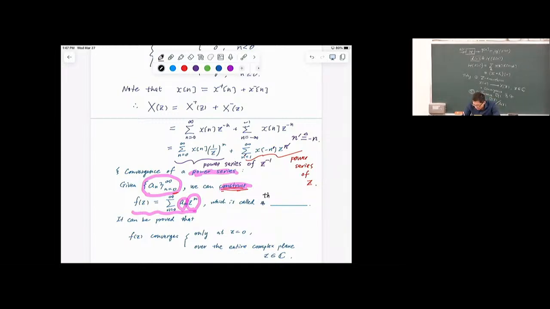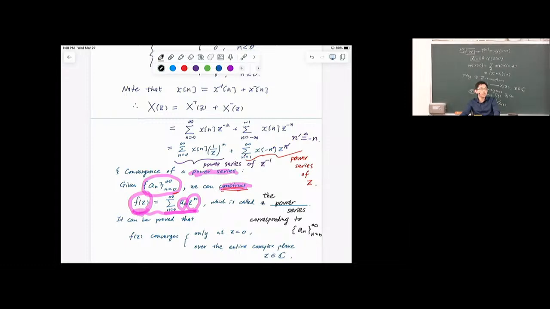I should say, this function f of z, when we write it down in this way, is called the power series corresponding to the sequence a of n, where n is from 0 to, generally, infinity. The sequence can have infinitely many terms.